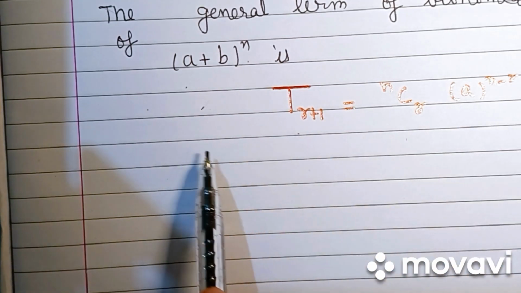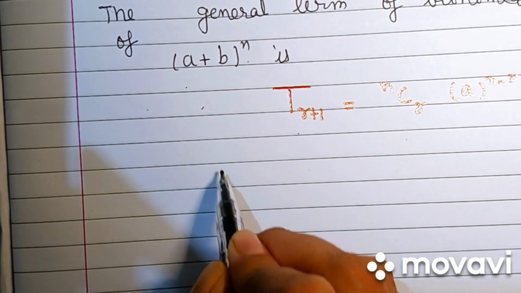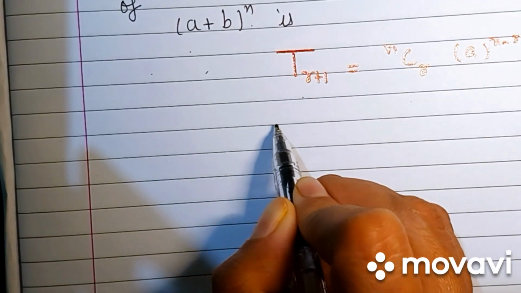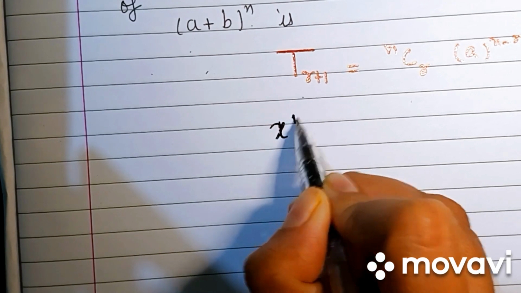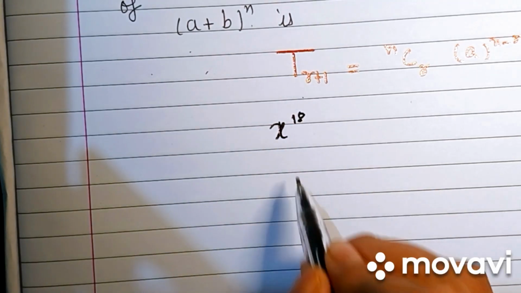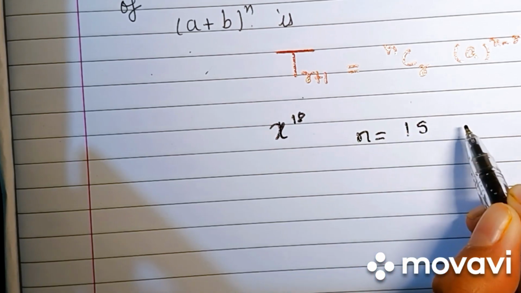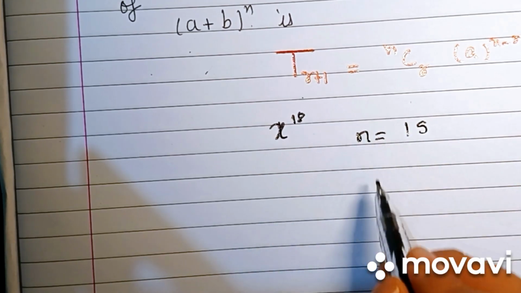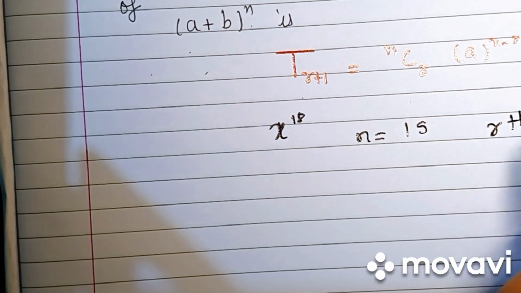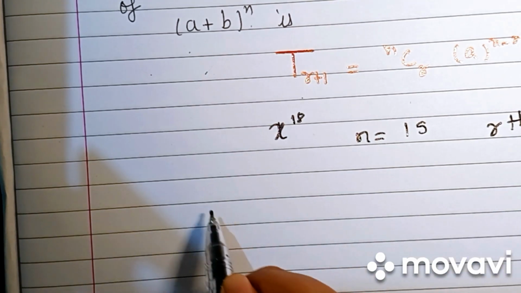So it is a general term. We have to find the coefficient of x raised to 18. To find that, we put n equal to 15 and find the general term for the rth term.